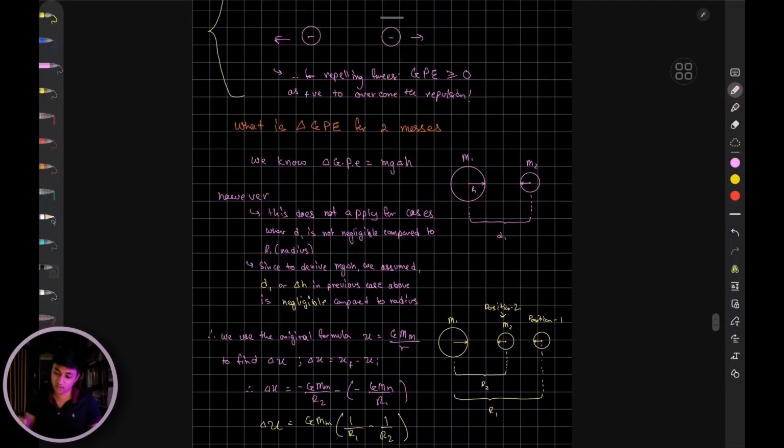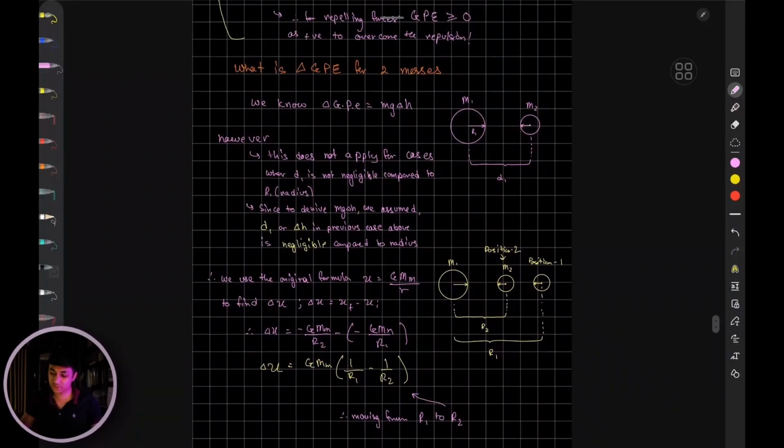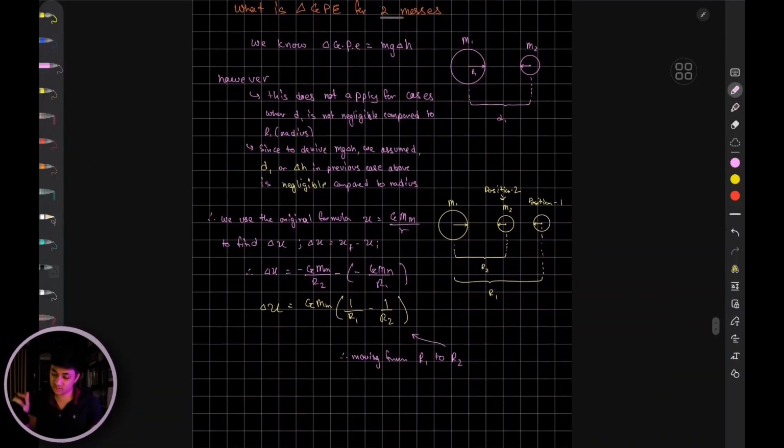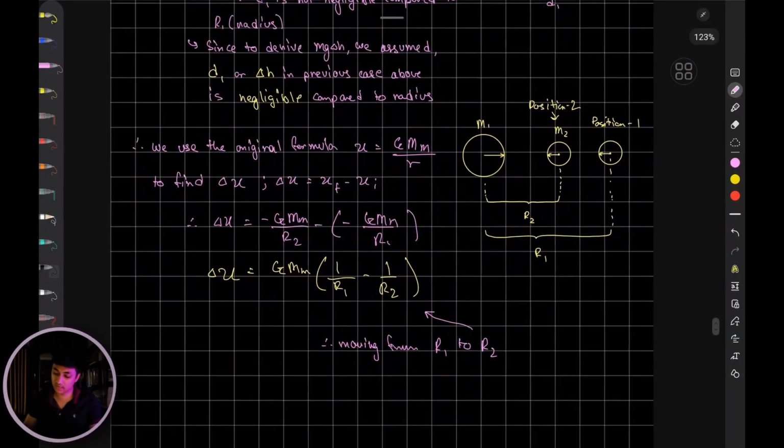Now, the other thing, what is the change in gravitational potential energy or the change in gravitational potential? I talked about this in the previous video towards the end. To find the change in gravitational potential energy, what you do is take the final gravitational potential energy minus the initial gravitational potential energy, right?